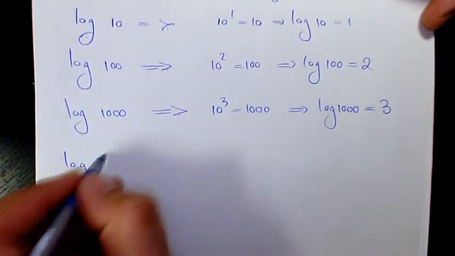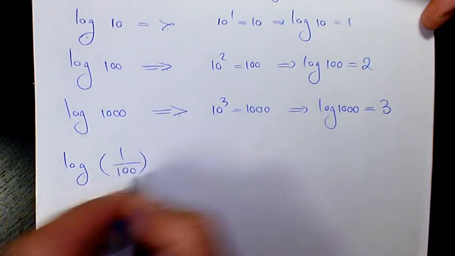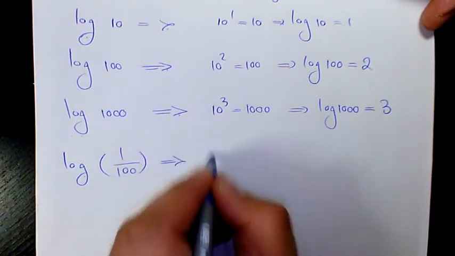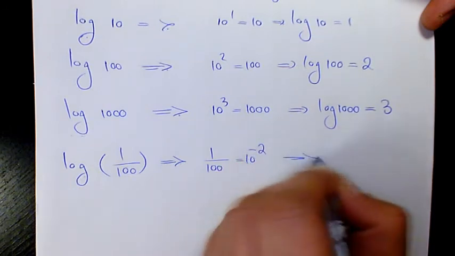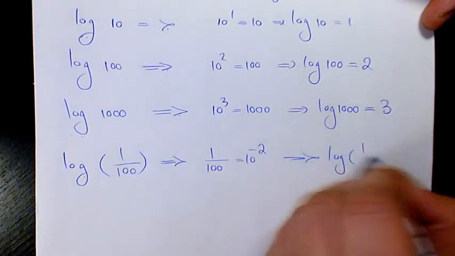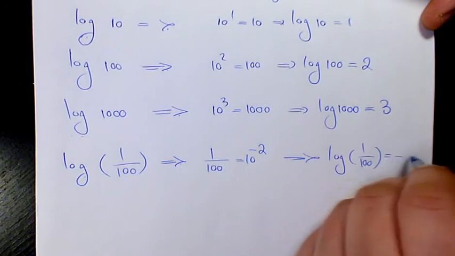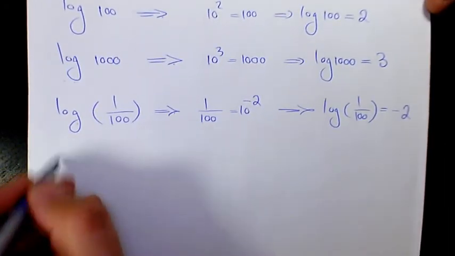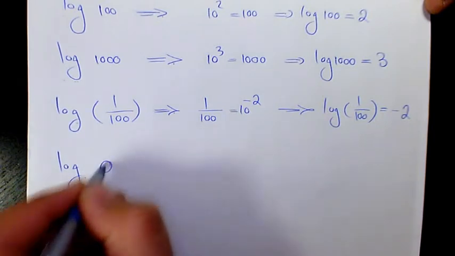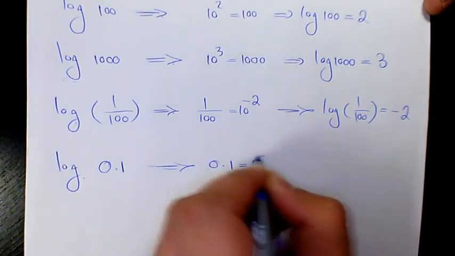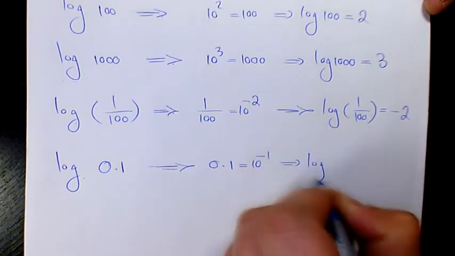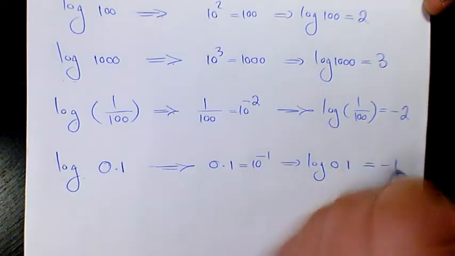Log 1 over 100. We know 1 over 100 is 10 to the power of negative 2. So log 1 over 100 is going to be negative 2. Log 0.1. You know 0.1 is 10 to the power of negative 1. So log 0.1 is negative 1.